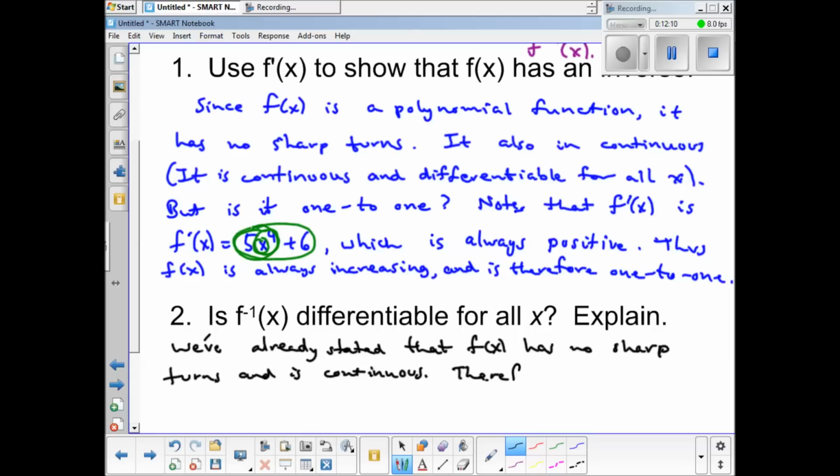Therefore f inverse of x has no sharp turns and is continuous.